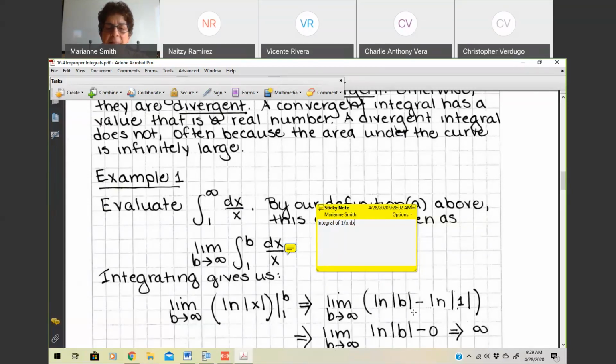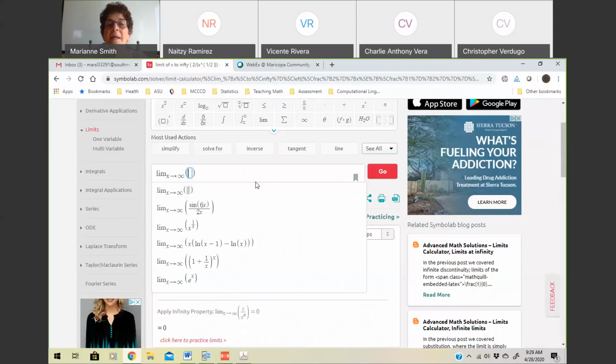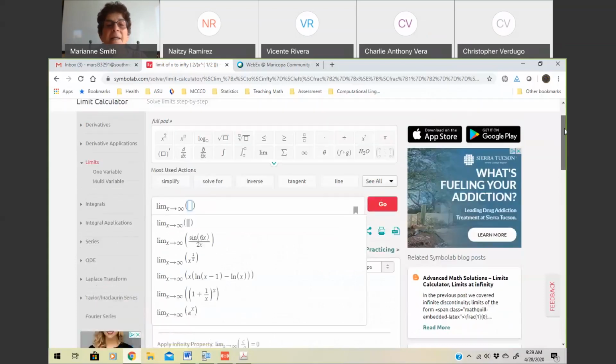What is that? I'm going to head back to Symbolab and ask. So I'm going to let x approach infinity, and I'm going to say ln. Let's see, ln is a separate function.